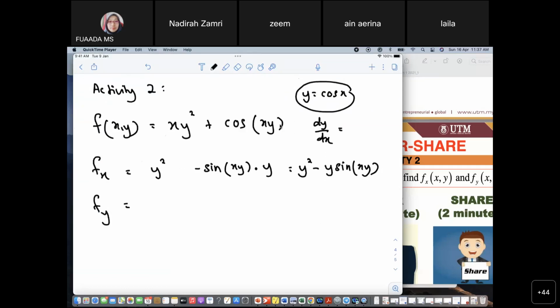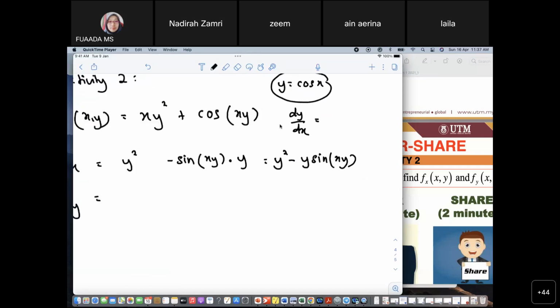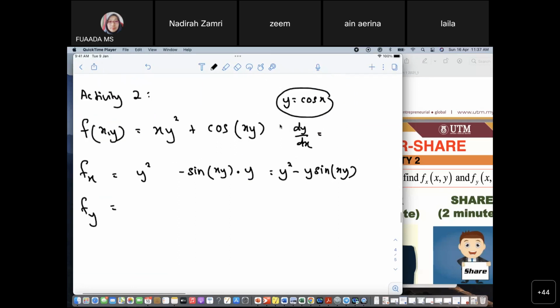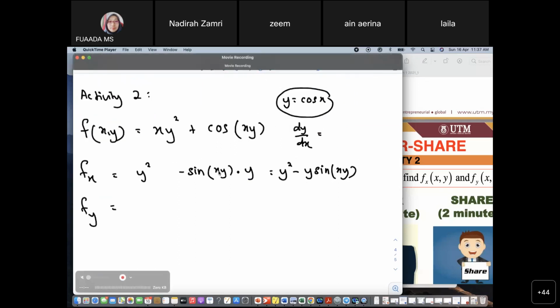Doktor, yang mana tu zero? Yang sine tu? You mean yang ni ke? Okay, it's because of the chain rule. Chain rule sebab dia composite function and x tu terletak di dalam cosine function. So you kena apply chain rule. Chain rule kata differentiate the outer function.